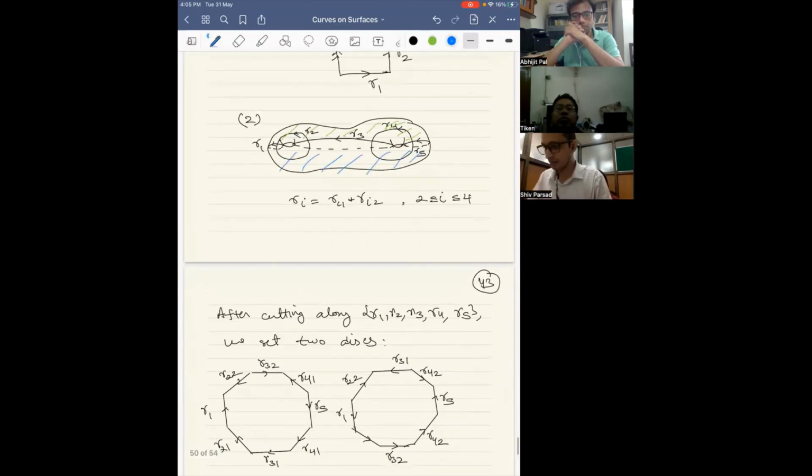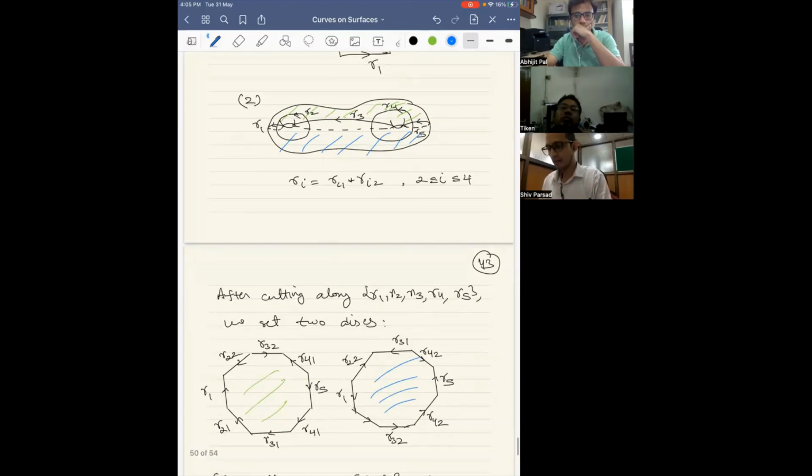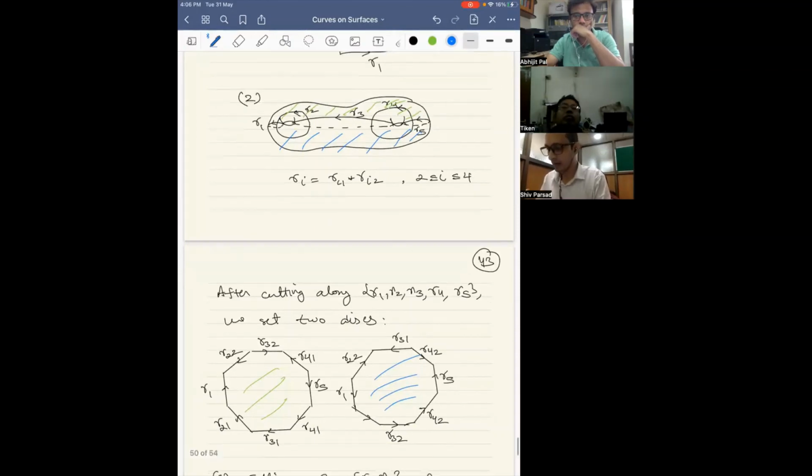Let me use colors, say green and blue. If you cut along this, you can see each of these curves is pairwise non-homotopic. So this collection is also a filling of this surface.